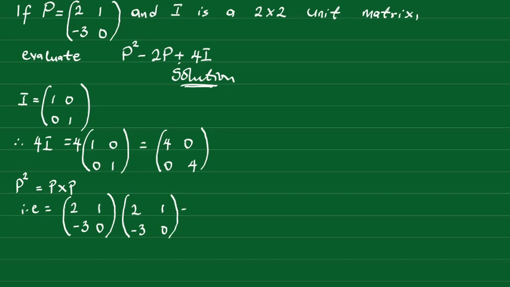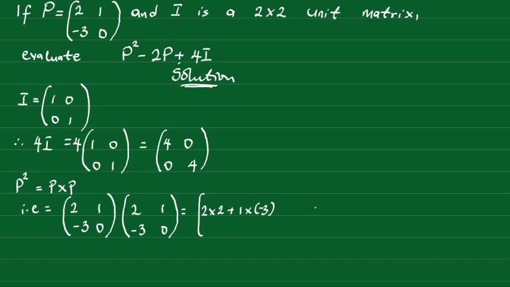In multiplying matrices, we multiply rows against columns. So we're going to have 2 times 2 plus 1 times -3.